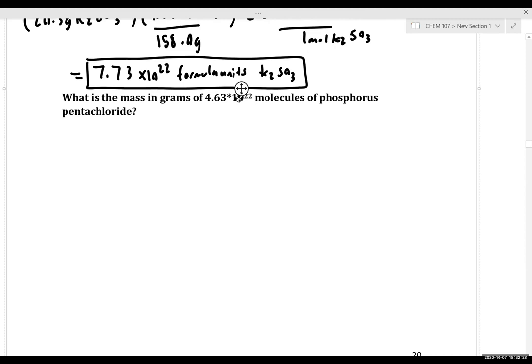And I'd like you to calculate the mass in grams given the molecules of phosphorus pentachloride. And we'll work on this example for about 3 to 4 minutes. And I'd like to see some responses in the chat for their proposed solutions.